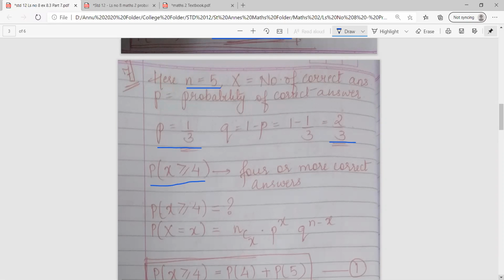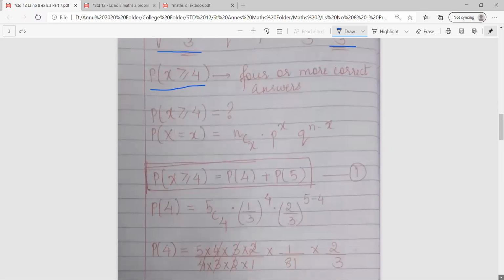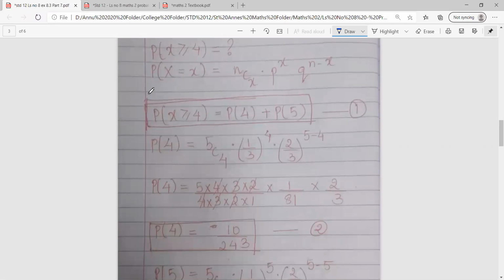So before we start, we'll first put the general formula. P of x is equal to NCx into P raised to x into Q raised to n minus x. So we have to find P of x greater equal to 4, which is equal to P of 4 plus P of 5. I'll give it as point number 1 because I have to solve both of them.